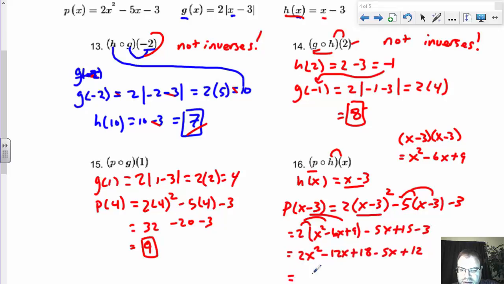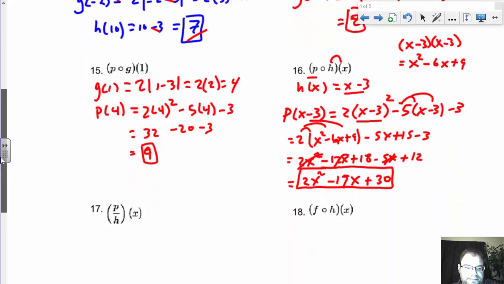We'll combine like terms and we'll be finished. So I got 2x squared. Negative 12 minus 5 is negative 17x. And then 18 plus 12 is 30. So this is your answer for that question.